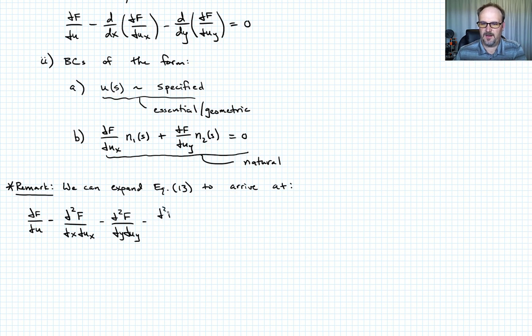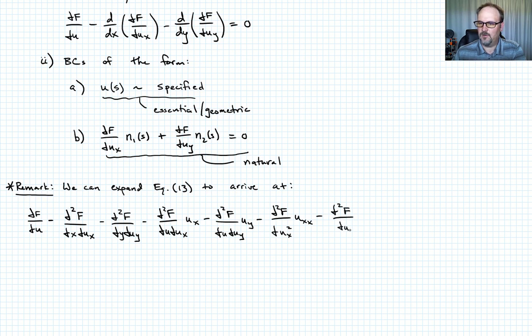Now let's continue on. This becomes partial squared f with respect to u and ux, multiplied by ux, and a corresponding term for y, minus partial squared f with respect to u and uy times uy. Continuing through, this becomes partial squared f with respect to ux squared times uxx, minus partial squared f with respect to uy squared times uyy.